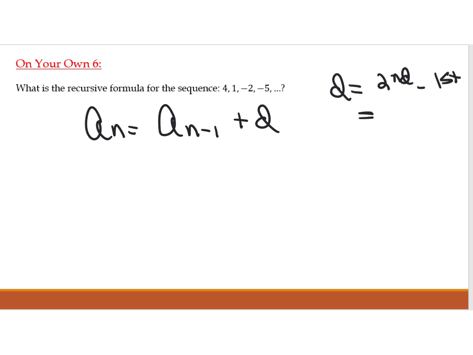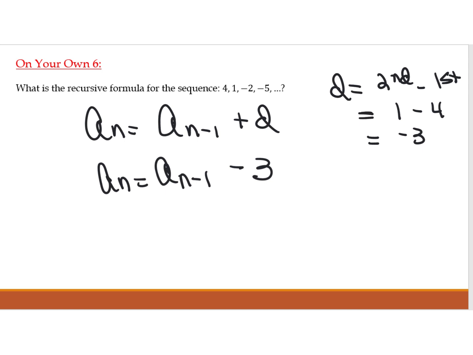And in this case, it is going to be 1 minus 4, which has a value of -3. Therefore, my recursive formula is A sub n is equal to A sub n minus 1 minus 3.